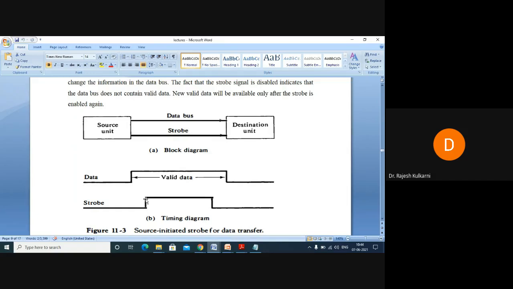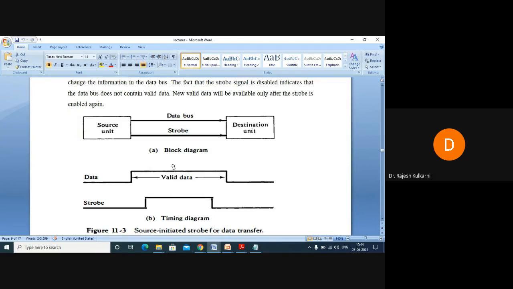First data is sent, and after some delay, strobe is sent. Why? Because you want this data to be settling down to a steady value. Once the data is settled to the steady value, the strobe is sent.